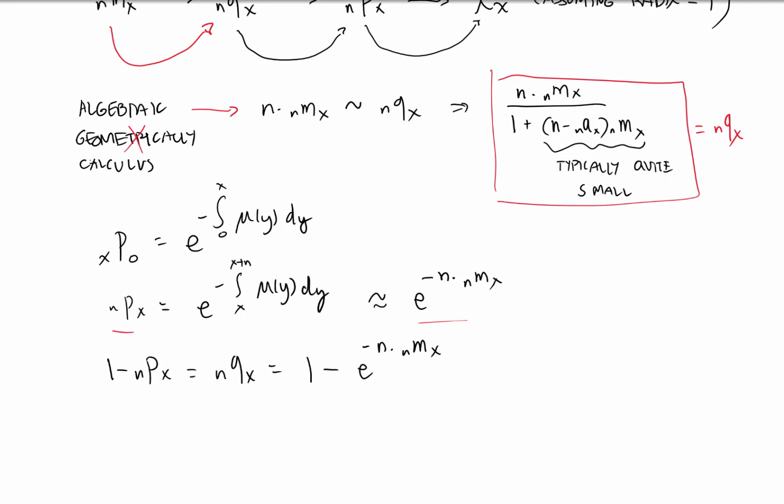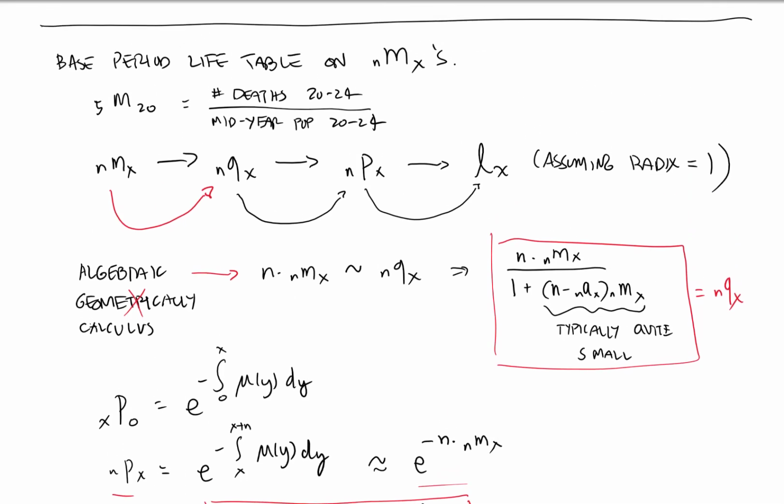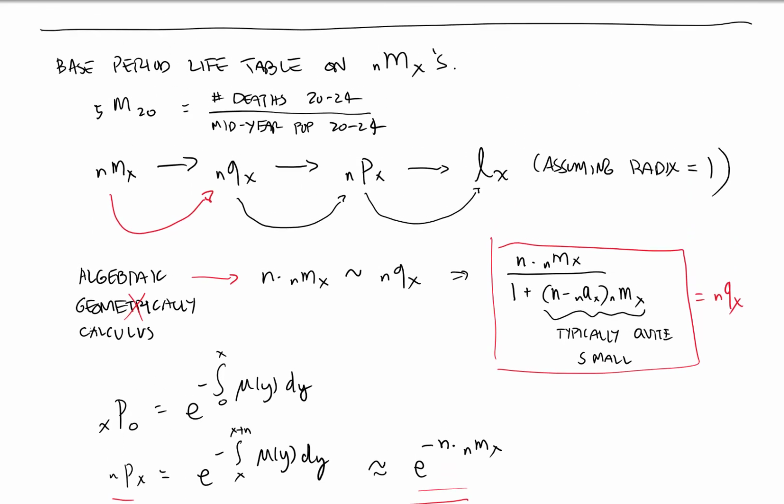So that's going to be our second way to convert the mortality rates into a mortality probability. Then once we have those mortality probabilities, we can go through this sequence. Now we're over here, then we can get the npxs, the lxs, and so on.